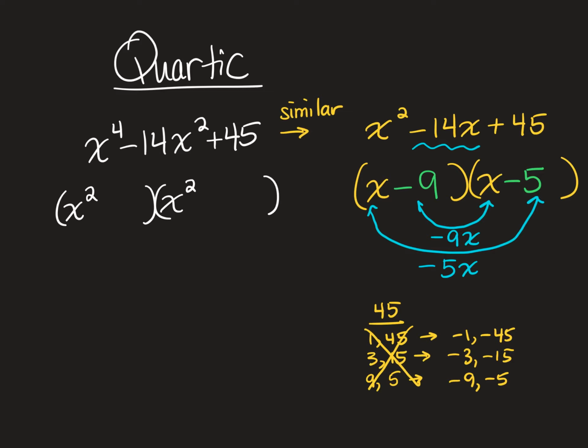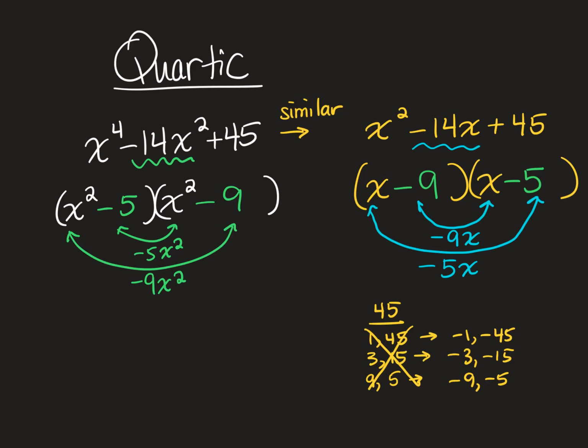Now, some of you may ask, why can't I write x cubed and x to the first? Because that multiplies to be x to the fourth. You would be correct, but here's why. In the next part of this, if I plug in that -5 and -9, when I check my outside and inside terms, I'm not going to get -9x squared and -5x squared, which is what I need in order to get my middle term there.